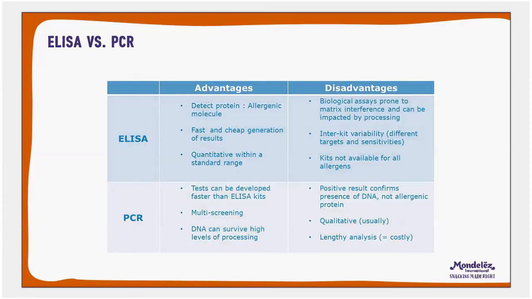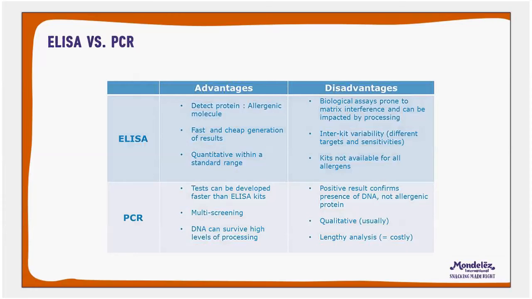When we look at the technique of PCR, because these tests can be developed without the use of raising antibodies in animals, then they can be developed quite a lot faster than ELISA testing kits. One other good advantage of PCR is you can extract the DNA from a sample and then look for multiple DNA targets within that one sample.